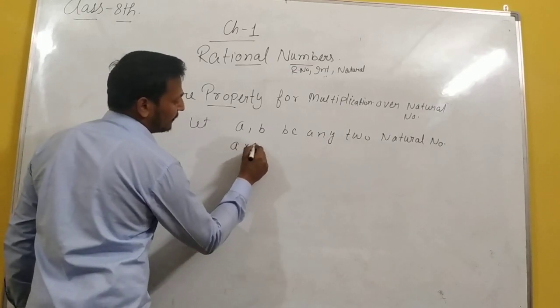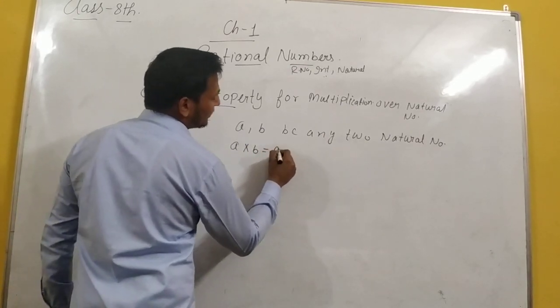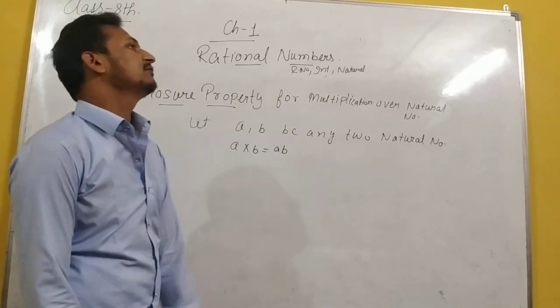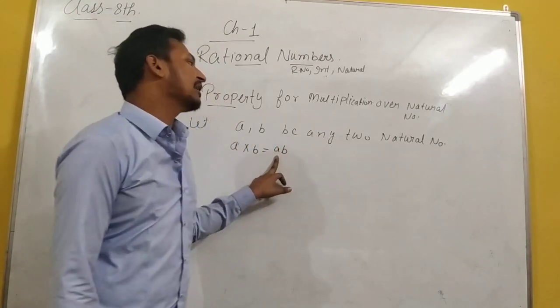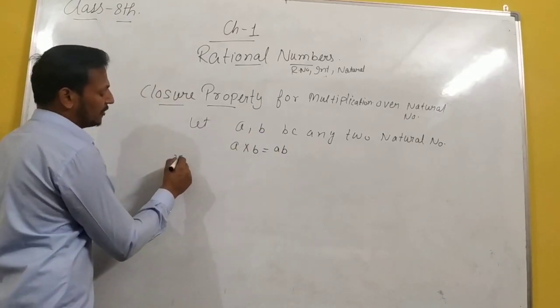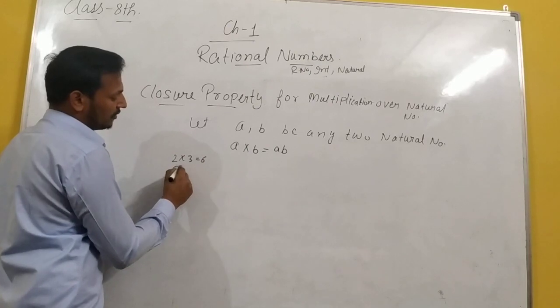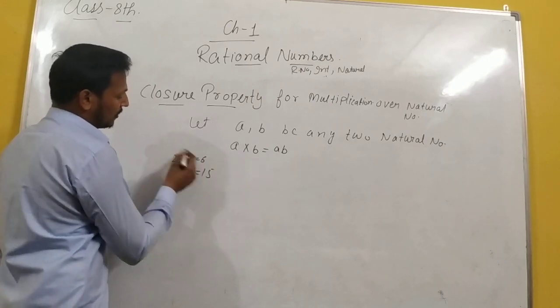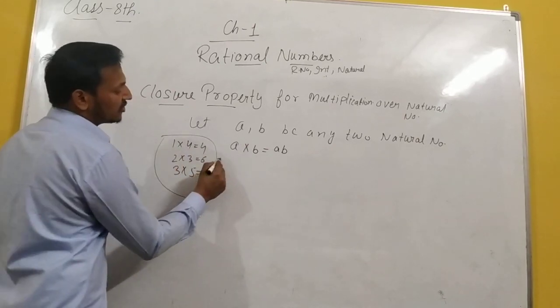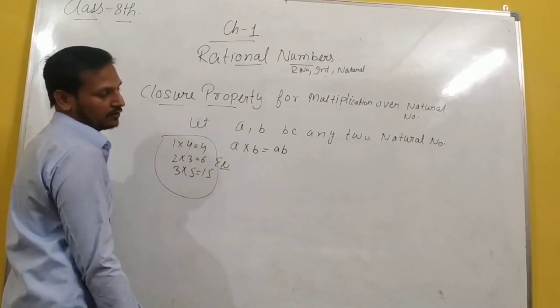A multiplied by b. Now tell me, if we multiply any two natural numbers, what will be the result? Will it be a natural number or not? You can take any example like 2 into 3 is 6, 3 into 5 is 15, 1 into 4 is 4. All the products are natural numbers.